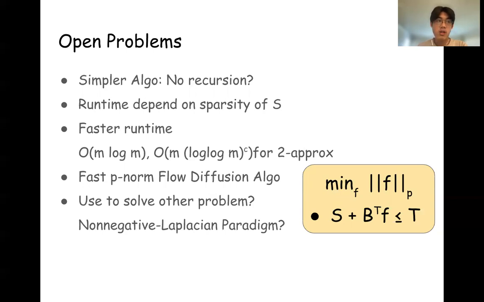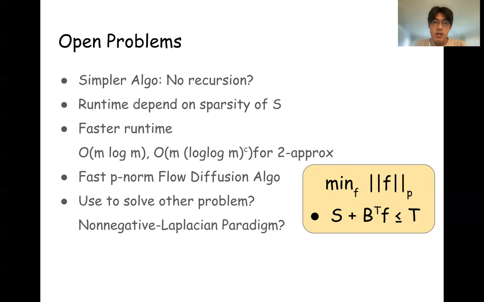That is, if the supply is sparse on the graph, can our algorithm run faster? And the third is a simple one: can we improve our algorithm to an even faster running time, such as n log n or even n poly log n?